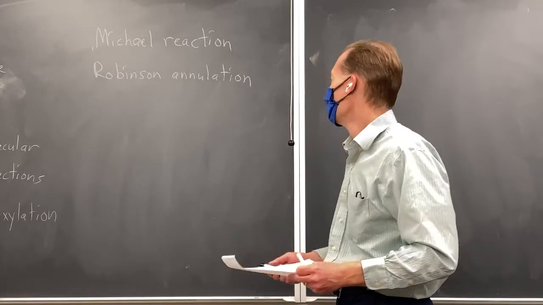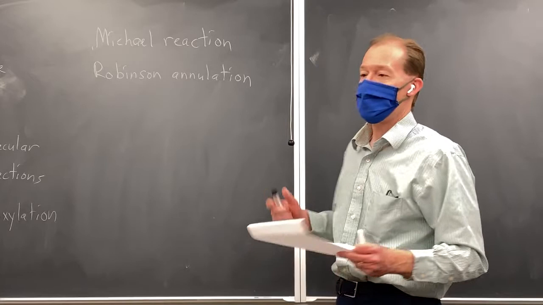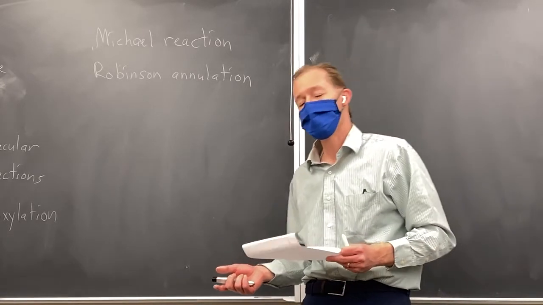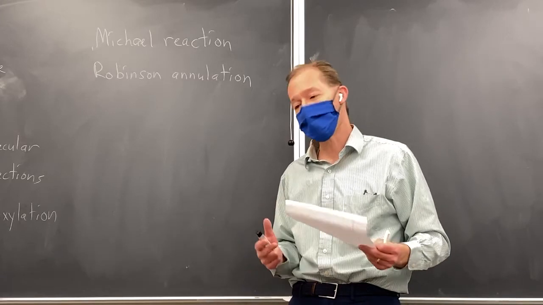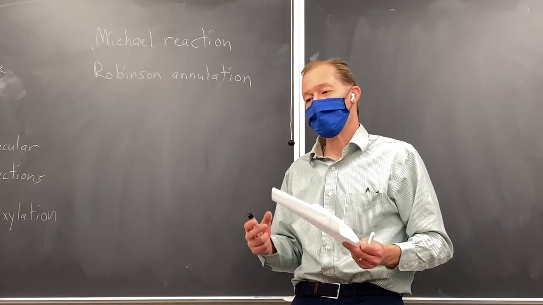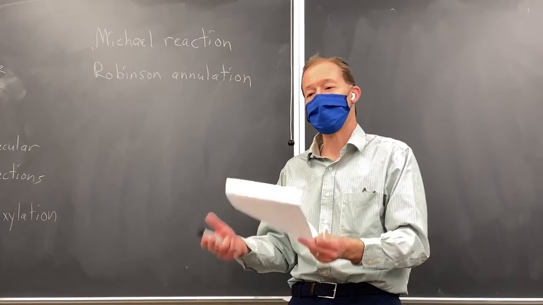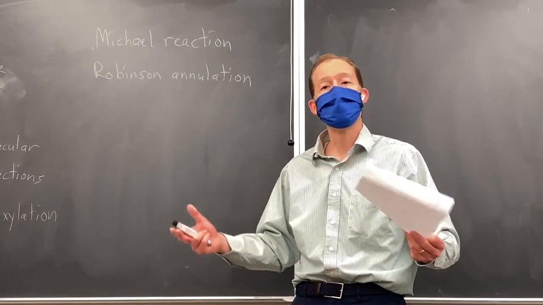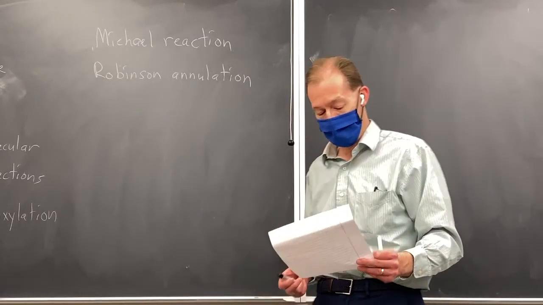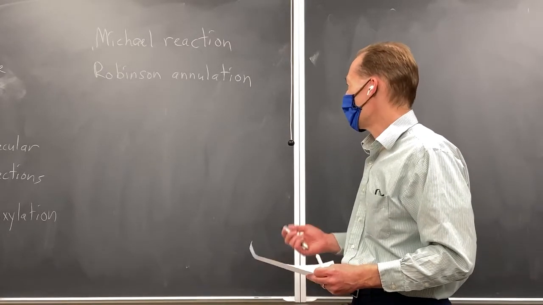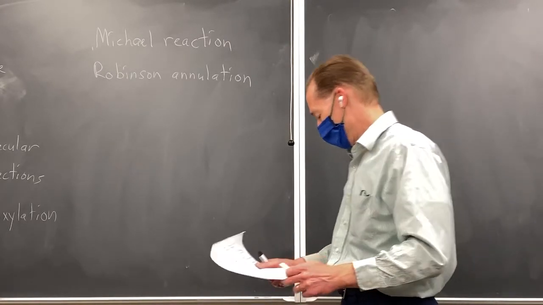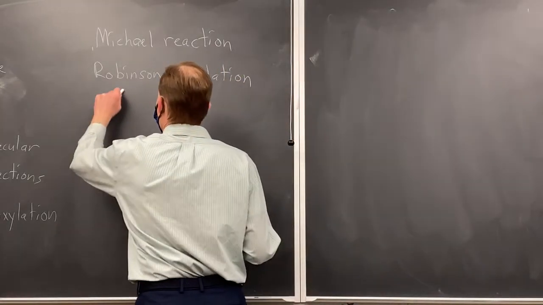So it's important to both be able to draw the products of a Robinson annulation and to be able to use a Robinson annulation retrosynthetically to take the product, the cyclohexenone product, and figure out which two compounds would be combined in a Robinson annulation to make it.